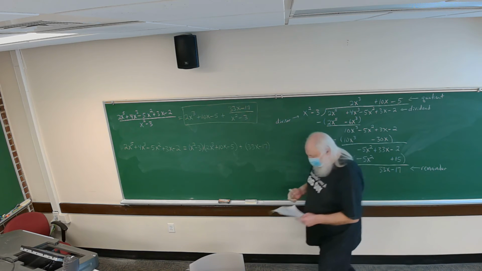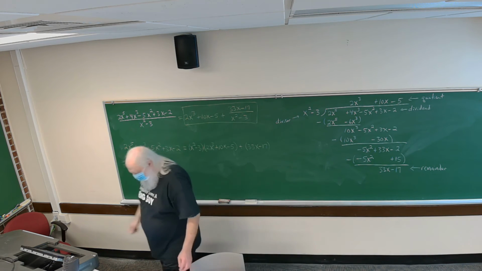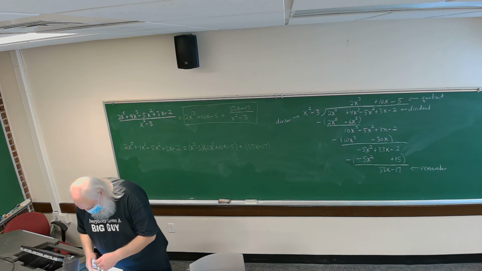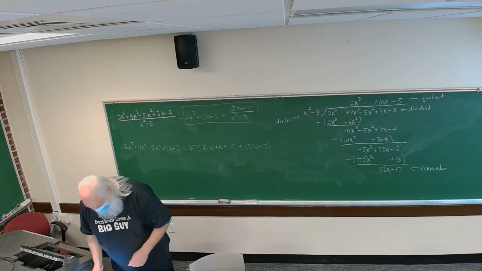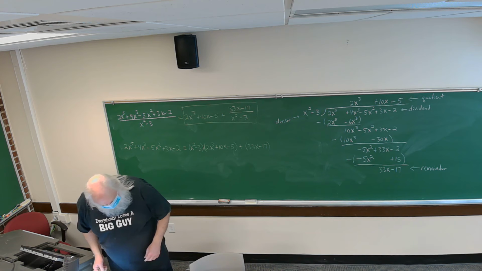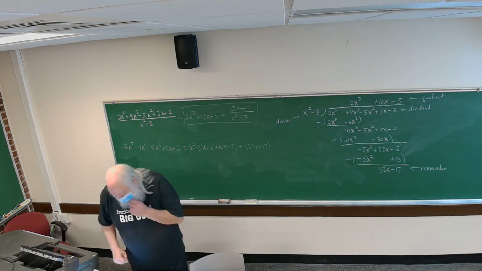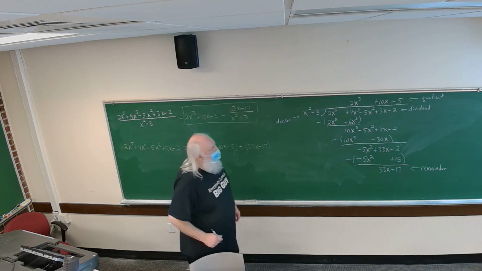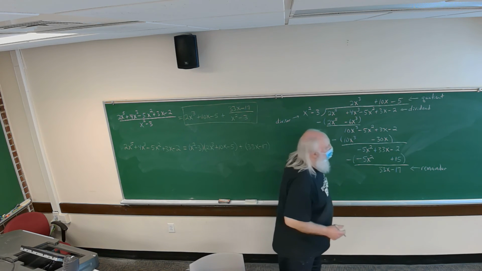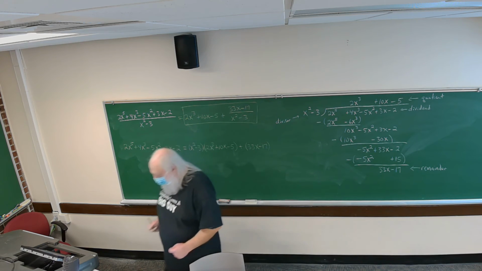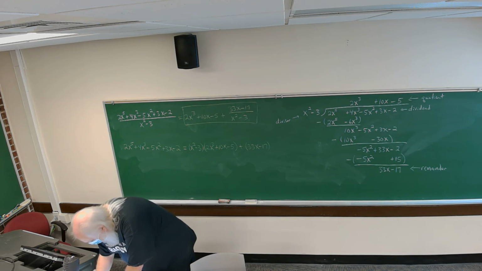All right, so if you flip over to page 2, it talks about the remainder theorem, and there's a bit of an error on this. It says if a polynomial f of x is divided by a linear polynomial, instead of saying x equals c, that should be x minus c.